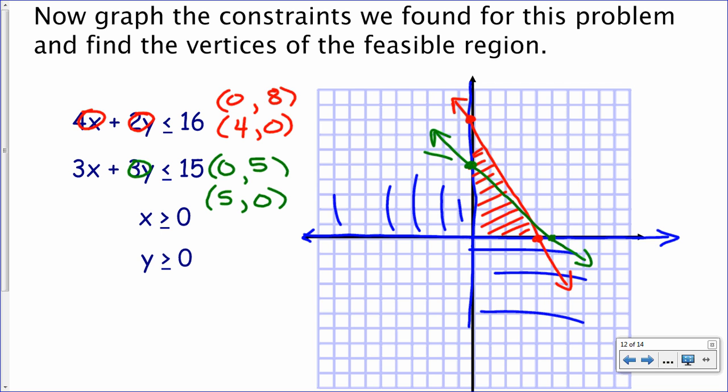Okay, so it looks like the vertexes of my shape are going to be right there, and this is going to be my shape, or my feasible region.